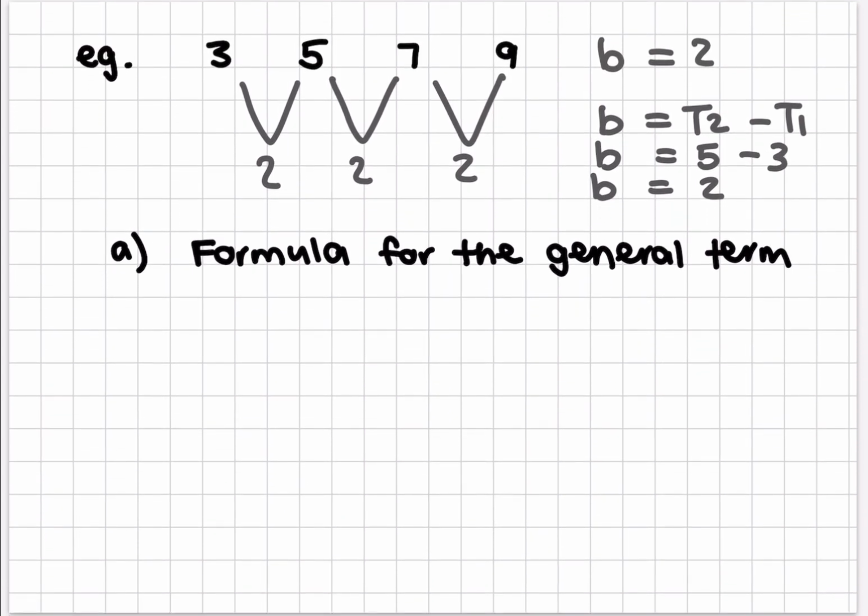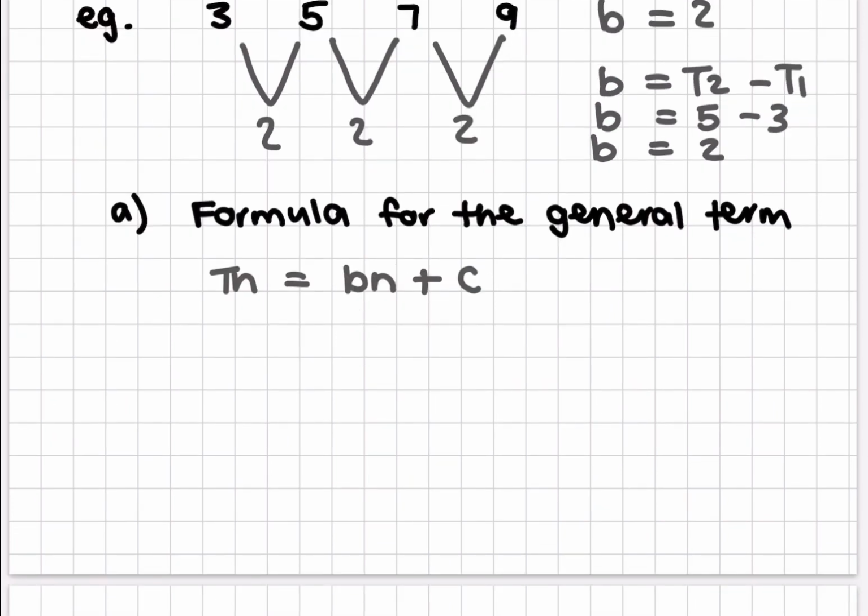So now we want to figure out the formula for the general term. I'm going to use this formula in this question, but you can also use the other formula. You'll end up with the same answer. So we have tn equals bn plus c. Let's calculate c first. c equals the first term minus the constant difference.